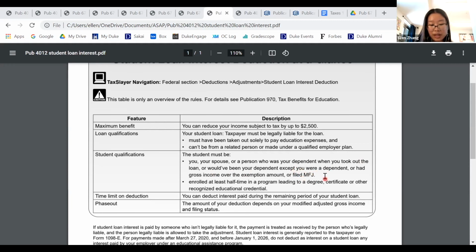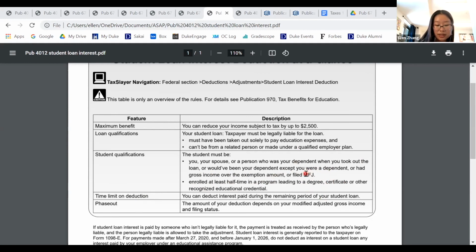This doesn't really apply to Emma because Emma is not married filing jointly. That's only Alice and John. Then we have Emma is a full-time student pursuing a BA in psychology. So she is enrolled full-time in a program leading to a degree, which is her BA.